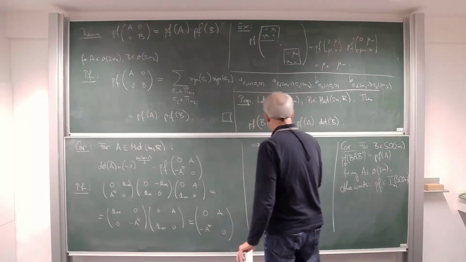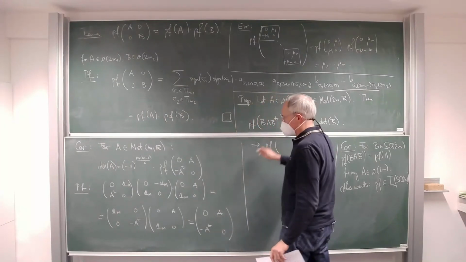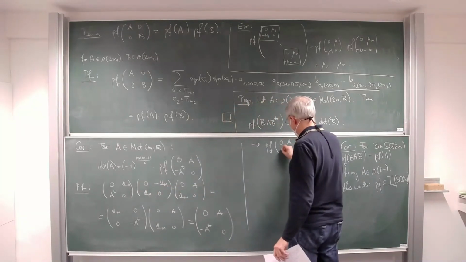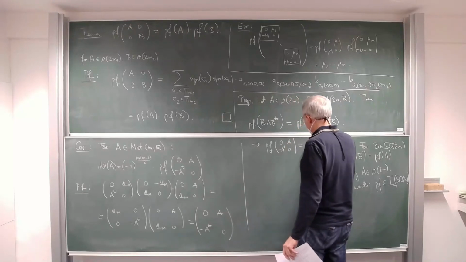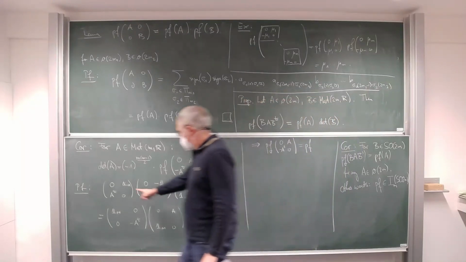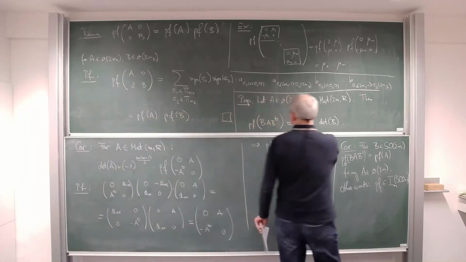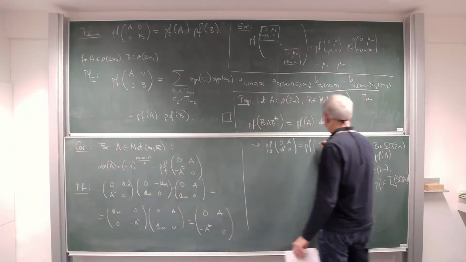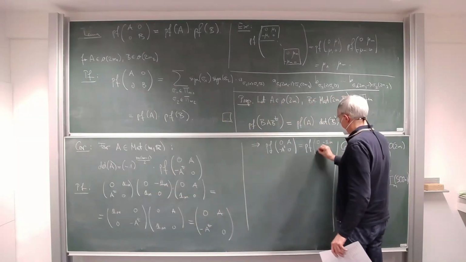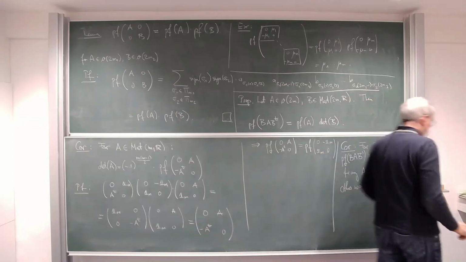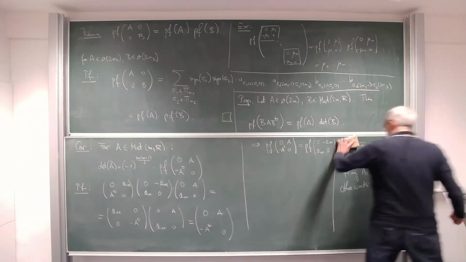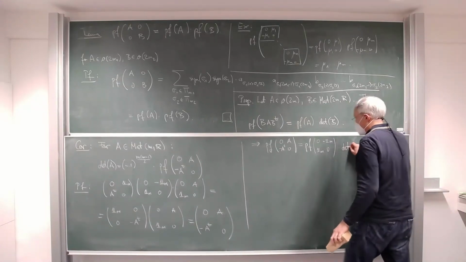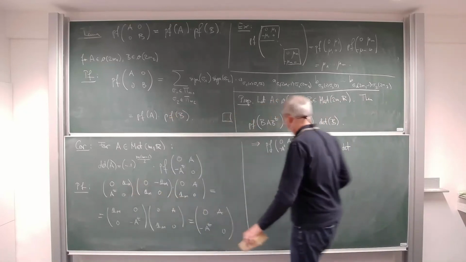The Pfaffian of this product, which is what we want to compute, the Pfaffian of 0 A minus A transpose 0, is the Pfaffian of these terms. For this we can use the formula so that we get the Pfaffian of the middle term, 0 minus identity 0, times the determinant of the thing we conjugated with, so that's this matrix.